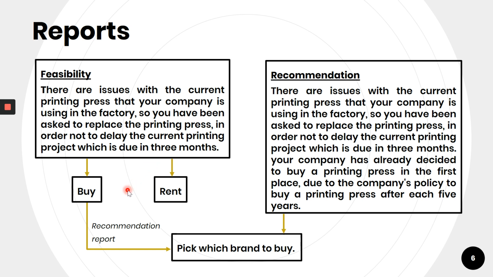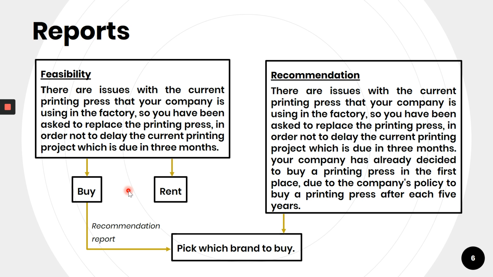One of the elements that need to be analyzed would be the financial feasibility, of course. You may need to look at the financial feasibility in which you might ask questions like, can we afford the printing press? If not, should we just rent? Or are the advantages of buying the printing press worth the expense?